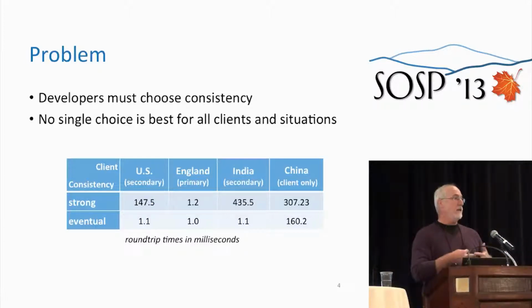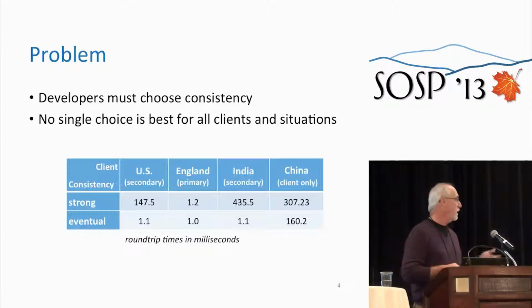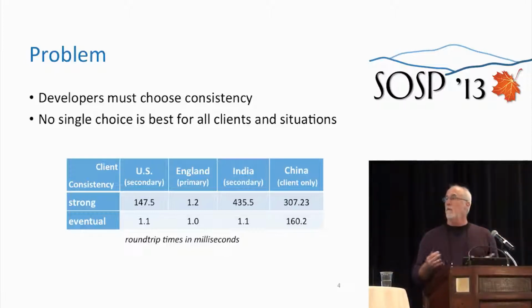We ran clients running the YCSB benchmark in all of those 3 data centers, and we also put a client running that benchmark in a data center in China where there was no local data whatsoever. We measured the round-trip cost of Get operations running this benchmark. And what you see is that for some cases, the difference between an eventual consistency read and a strong consistency read could be 2 orders of magnitude.